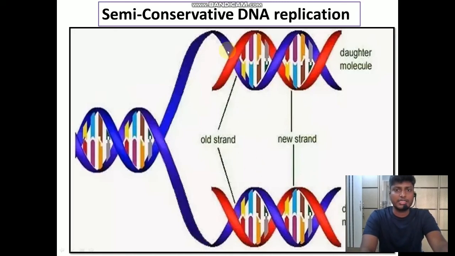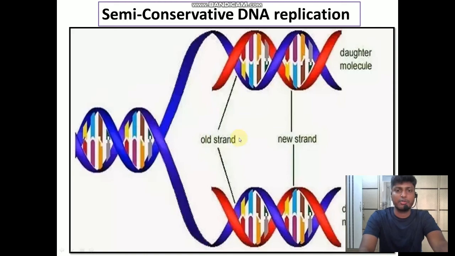Now dear students, as you can see in this case, it is called semi-conservative DNA replication. Why is it called semi-conservative DNA replication? Because in this DNA replication, these are the two original strands, the ones in blue are the old strands, and on these, the new DNA strand has been formed. That means when the two new DNA molecules are formed, half of the DNA is new, whereas half of the DNA is old.